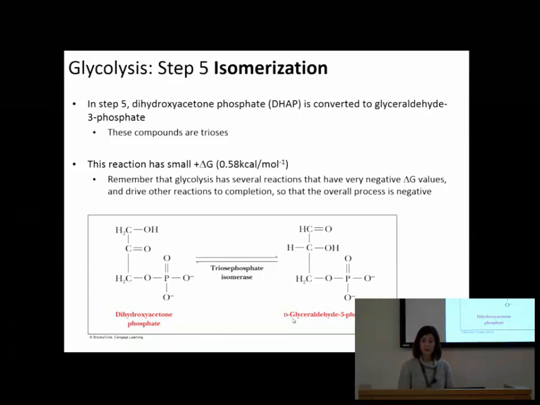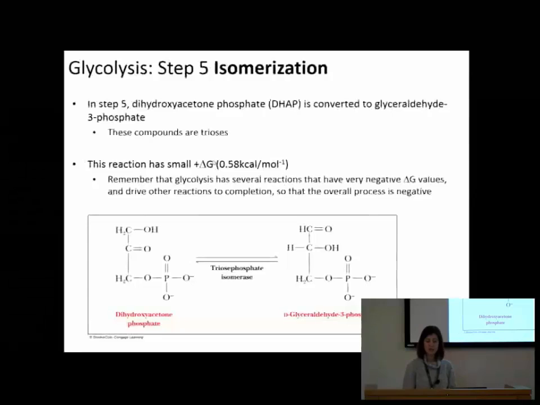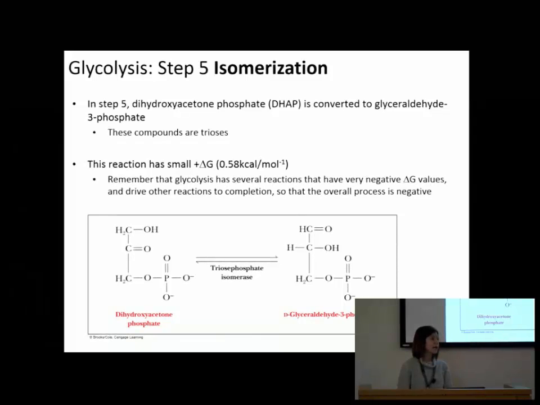Now, another point I want to make about these delta G values is that they're sort of artificial. A lot of them will have this little circle right next to the delta G. What does that mean? It means not initial. It means standard conditions. What are standard conditions? Do you remember? 1 atmosphere for gases, 1 molar concentrations, right? 25 degrees Celsius, which we're a little bit warmer than that, right?